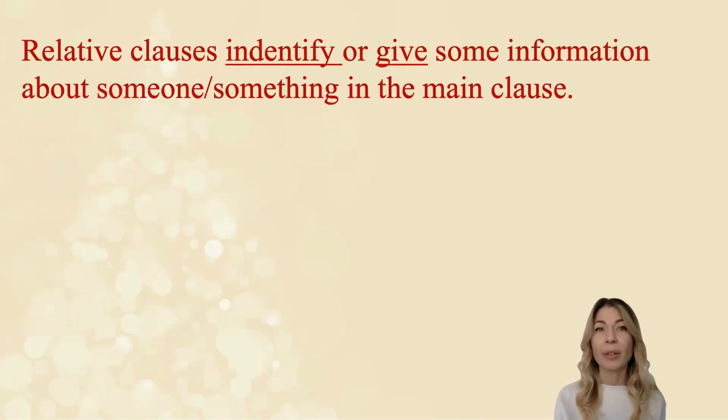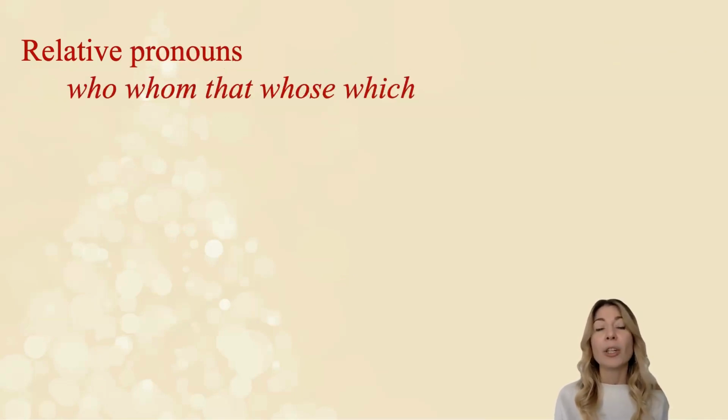So let's have a look at what we use and when we use relative clauses. Relative clauses give you extra information or identify someone or something in the main clause. And so to link those sentences or clauses, we use relative pronouns, as I mentioned before.